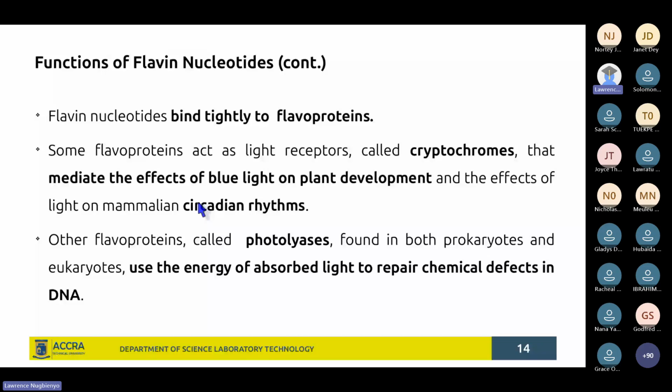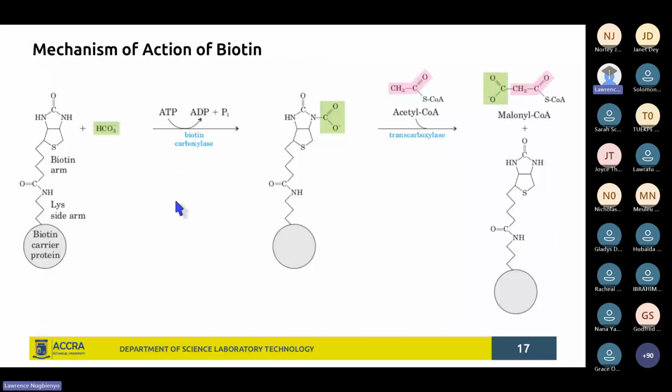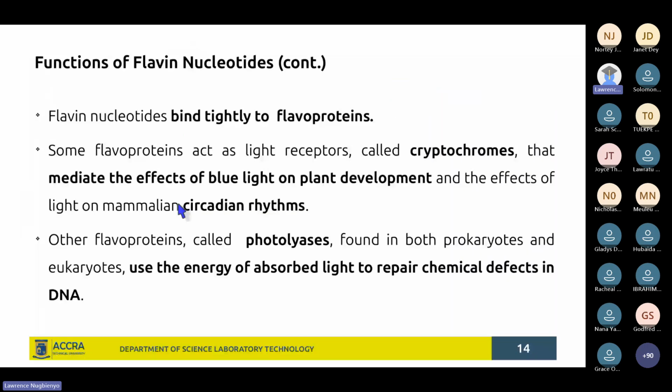Now you have some of these also acting in the repair of nucleic acids when there is some defect in the nucleic acids. These are what you refer to as photolyases. You do remember one class of enzymes we referred to were lyases, involved in either removal of groups to form double bonds or the addition of groups to remove double bonds.